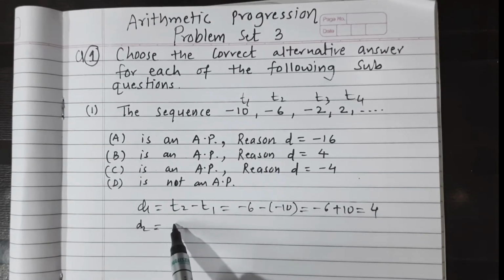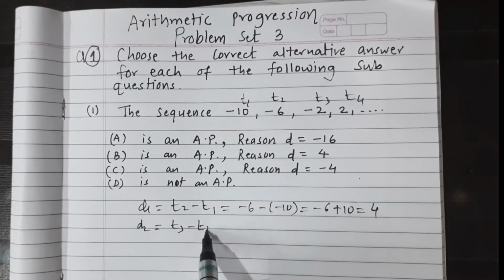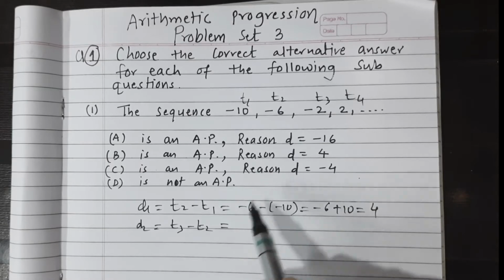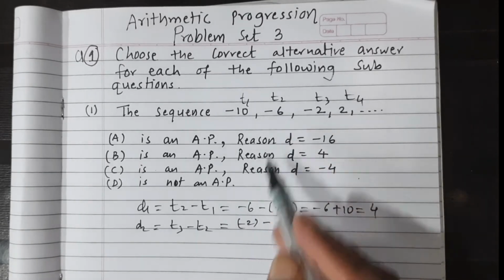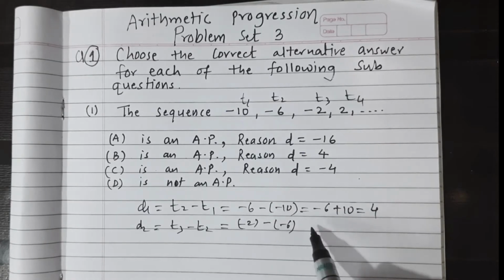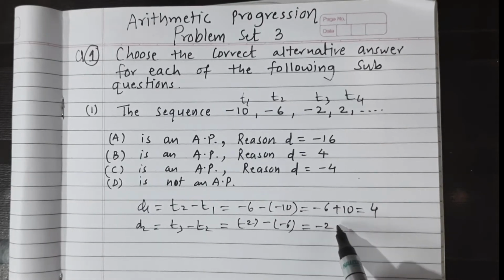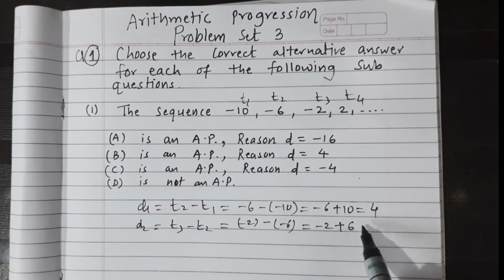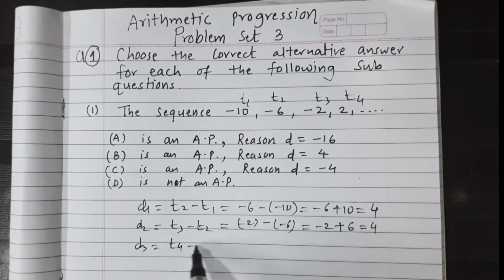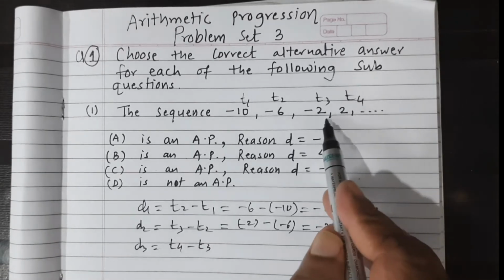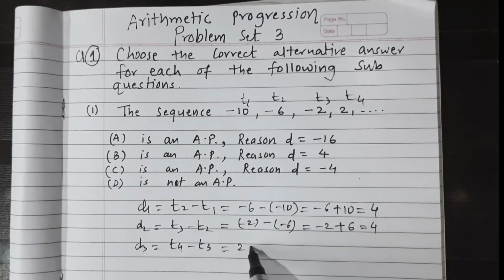D2 is equal to T3 minus T2, which is -2 minus -6, which is equal to -2 plus 6, so 6 minus 2 is equal to 4. D3 is equal to T4 minus T3, that is 2 minus -2, which is equal to 2 plus 2, that is 4.